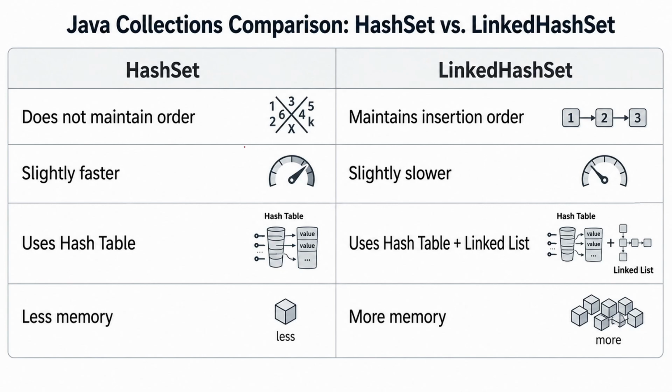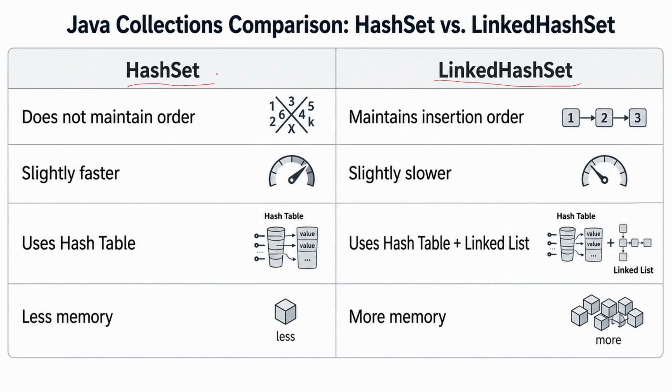So these are the implementation classes of the set interface. Since they implement the set interface, they will also have that property: they do not allow duplicates.